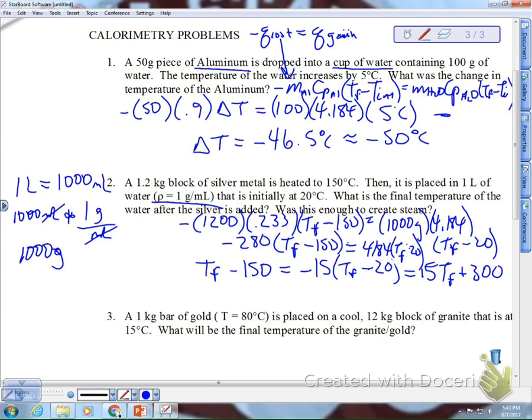Now rearranging that to get 16 TF equals 450, and then the final step is to get TF equals 28.1 degrees Celsius. Quite a bit of algebra on that.